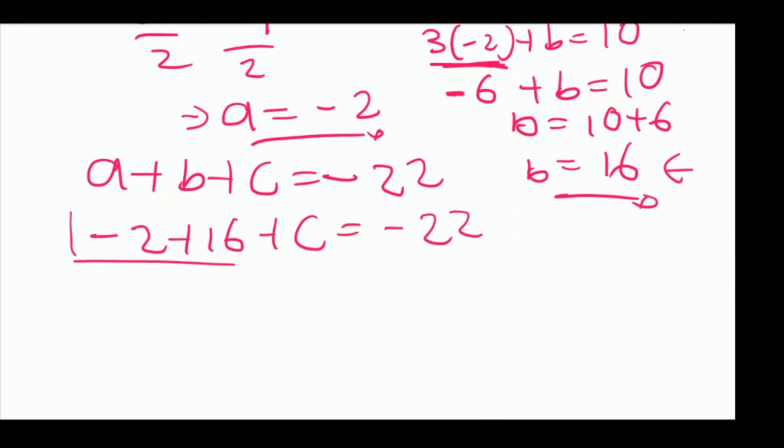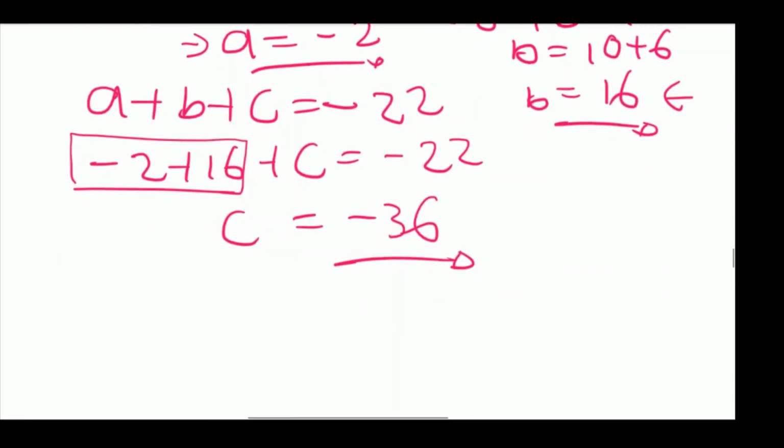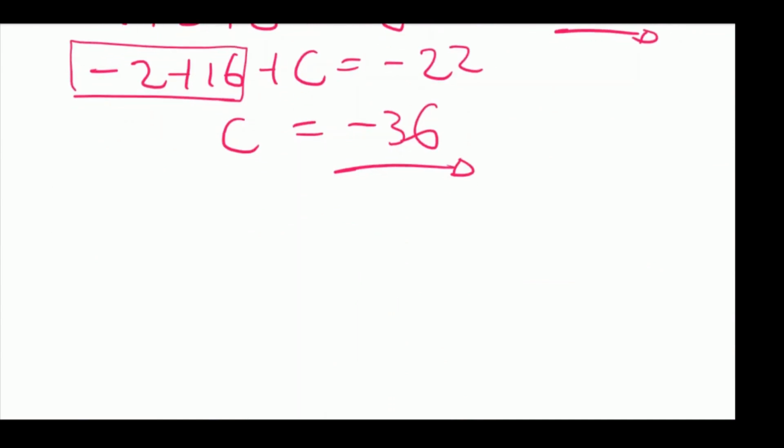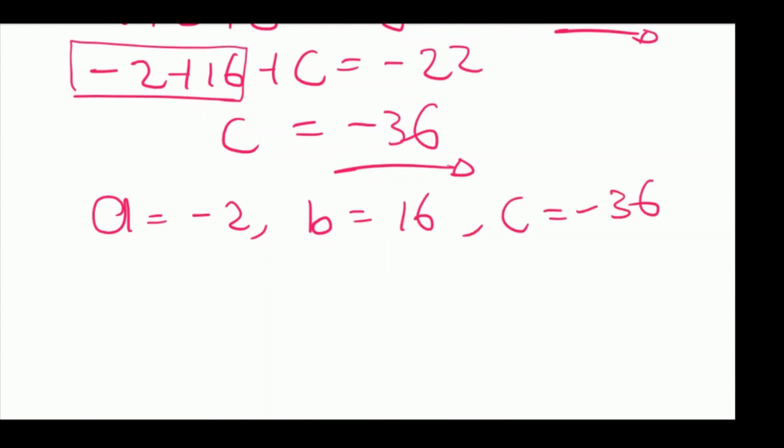Then you transpose these two values to the other side, and the solution of c is going to be equal to minus 36. So now we have our value of a equal to minus 2, b equal to 16, and c equal to minus 36.